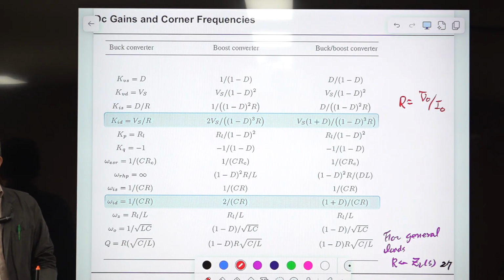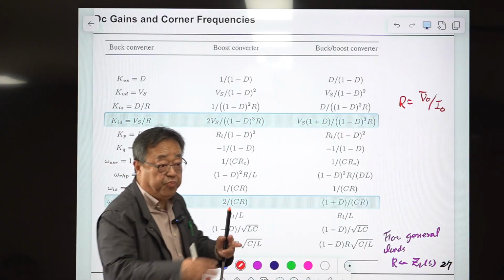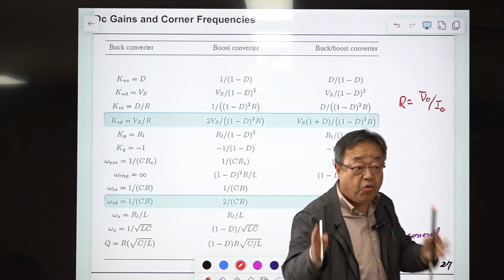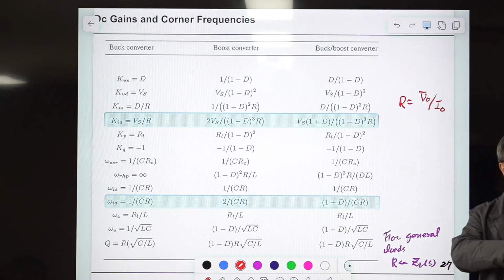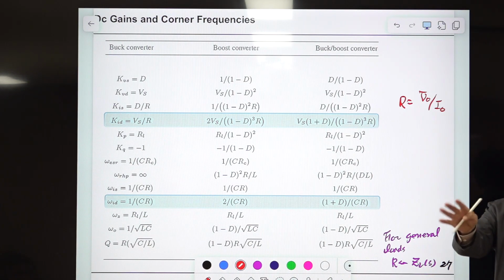But if the converter is connected to something other than a resistive load, okay? There are few people, or no people, connecting a resistor at the output of a converter. That is very stupid.